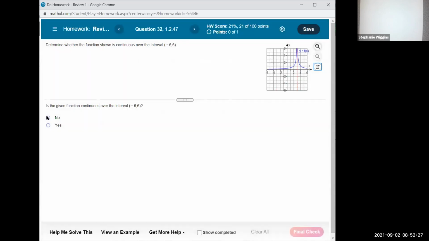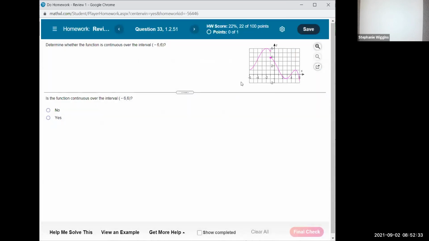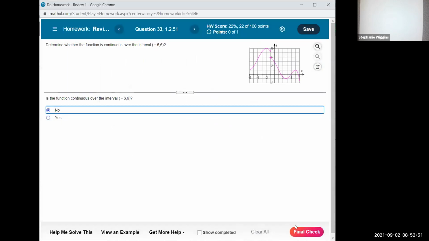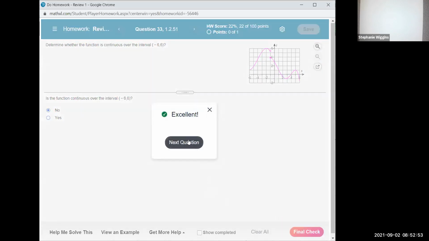So this one is no. Again, there's a break right here. Let me make sure I'm sharing my screen right for those of you who are on Zoom. Good, looks like I am. Okay, here's a break. Therefore, it's not continuous. So no. See how simple these are?